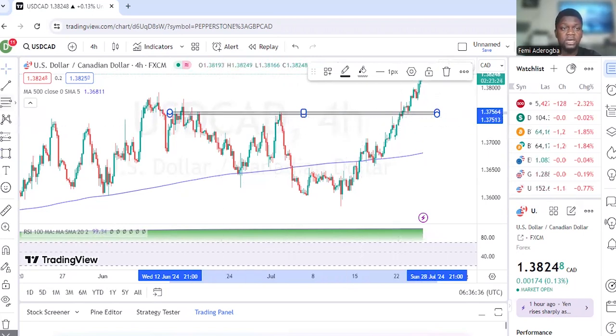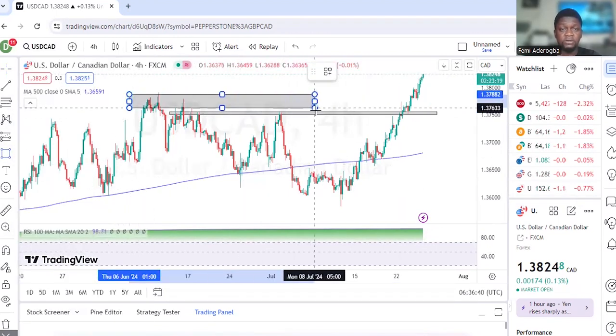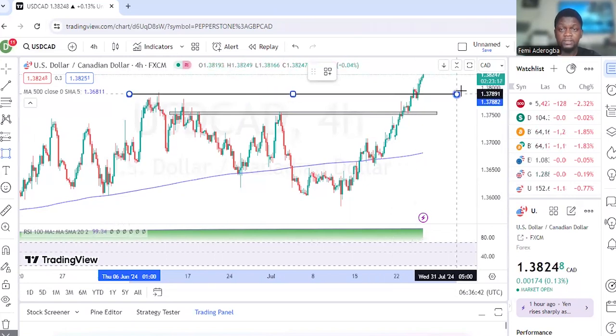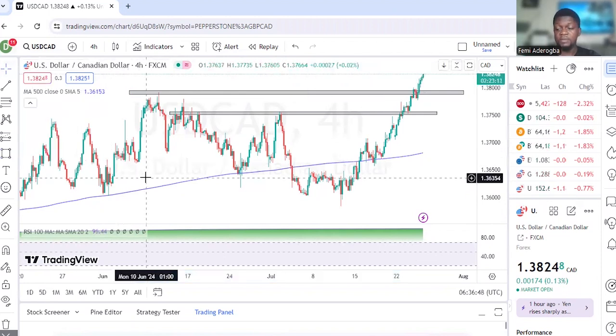You would have expected that this resistance would have been a rejection point, right? That would be your expectation. Unfortunately, that wasn't the case. It was not stemming the USD to correct.